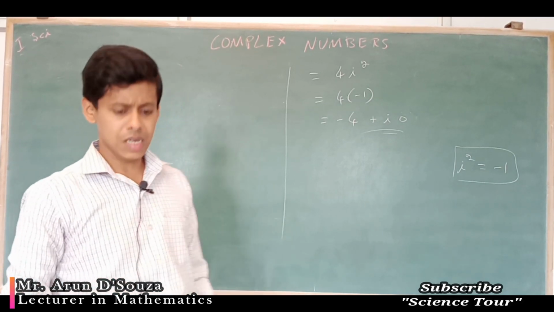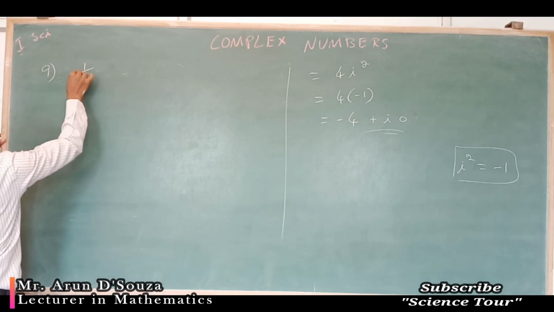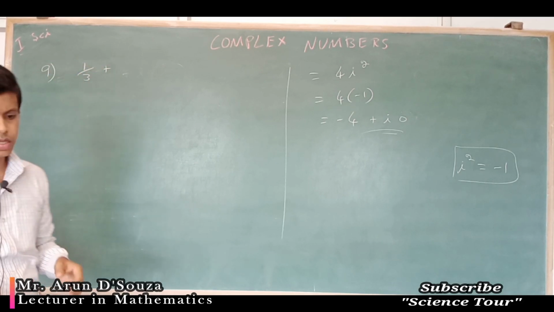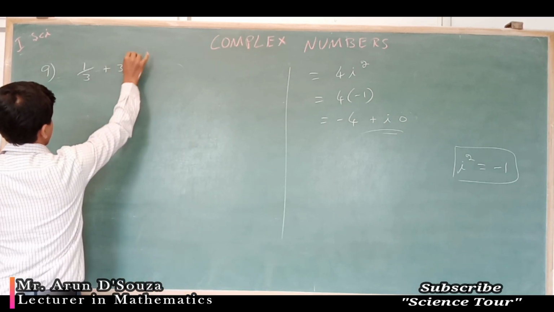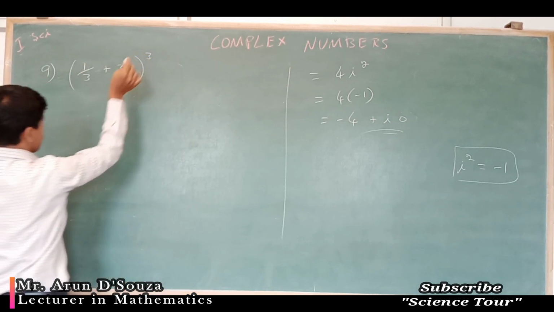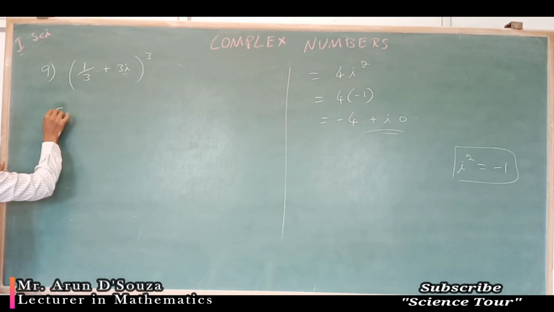Okay, so question number 9 is (1 by 3 plus 3i) whole cube. Now you can use the (a plus b) whole cube formula. If you need, I will write the formula.